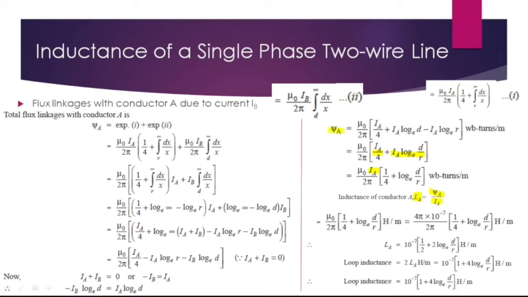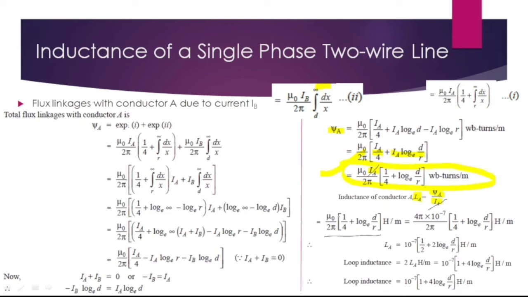We have already got the value of psi A here, this entire one, and this quantity divided by the IA quantity will give us the inductance of a conductor A. The IA in the numerator and the denominator get cancelled, and the remaining term is mu naught by 2 pi of 1 by 4 plus log d by r base e, Henry per meter.